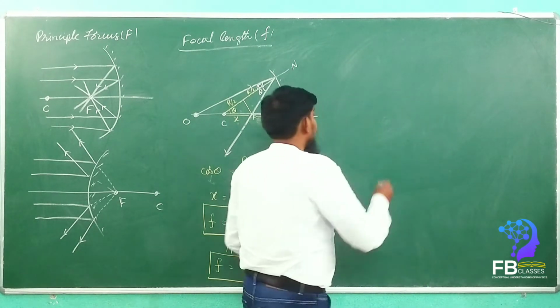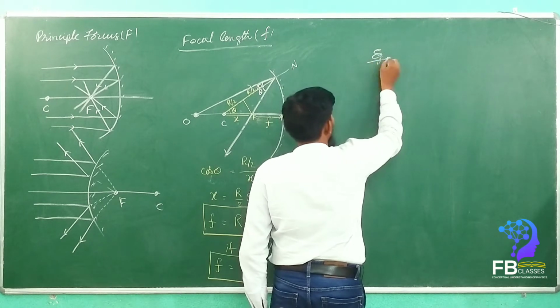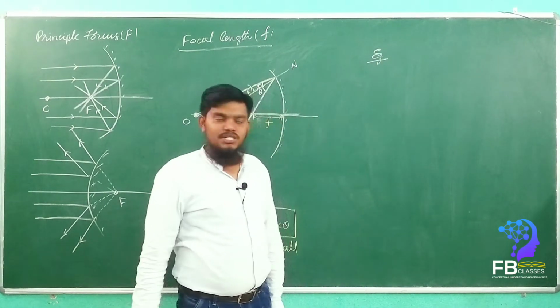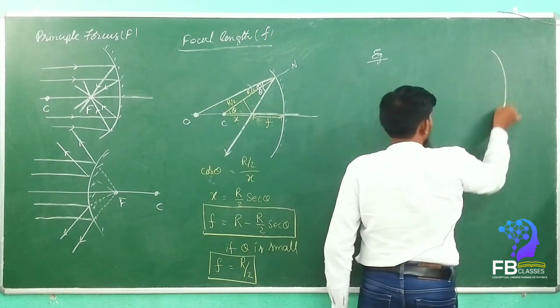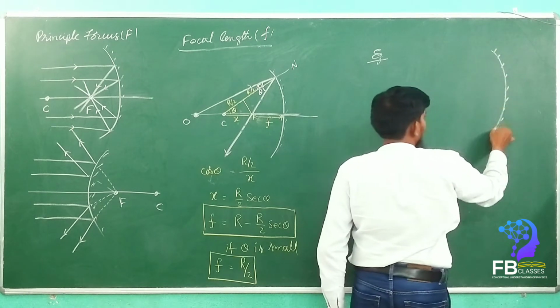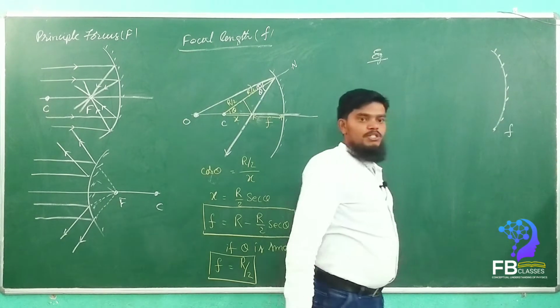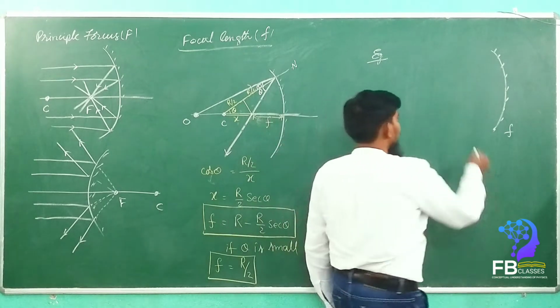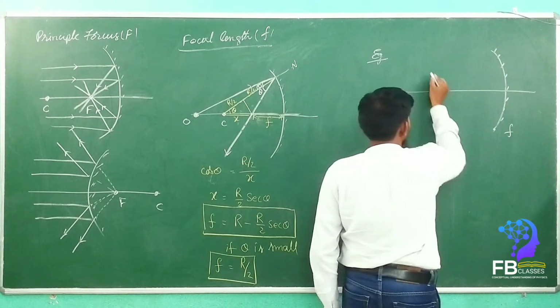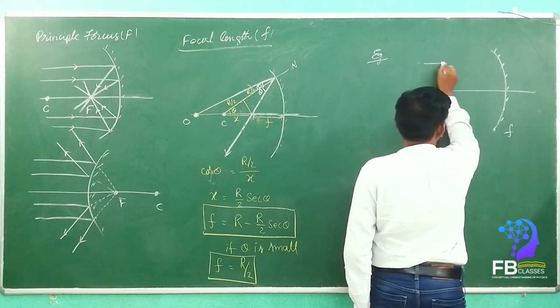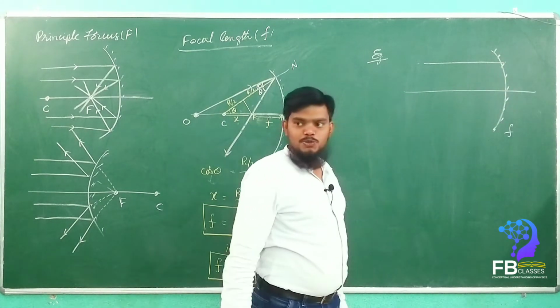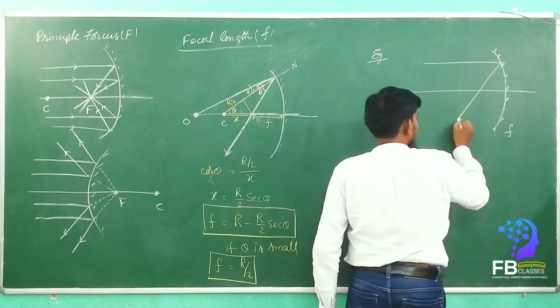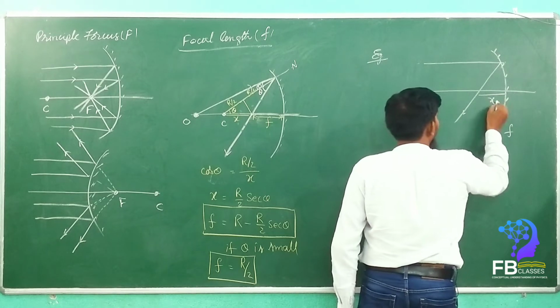See, for example, take a problem which was asked in the AIIMS examination. Here he took a concave mirror whose principal focus is at focal length f. He says that a ray travels parallel to the principal axis and is reflected back. Find the x value.